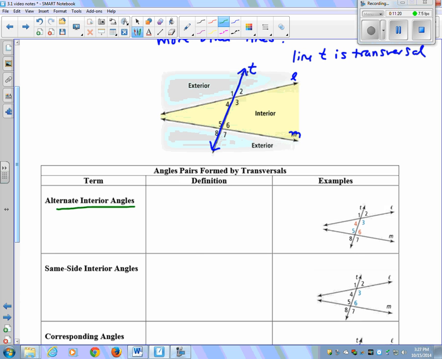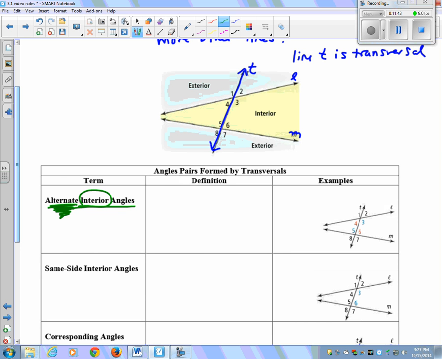So we're talking about any angles that are on the interior would be called interior angles. These particular interior angles are called alternate interior angles. And they're called alternate interior angles because they are on alternating sides of the transversal, different sides of the transversal.